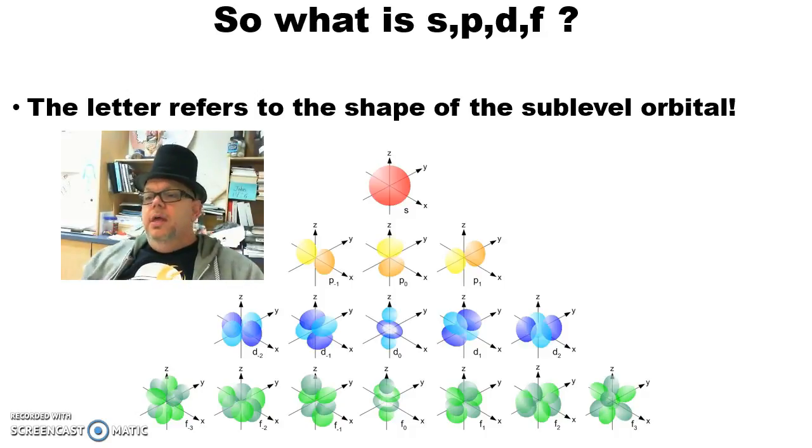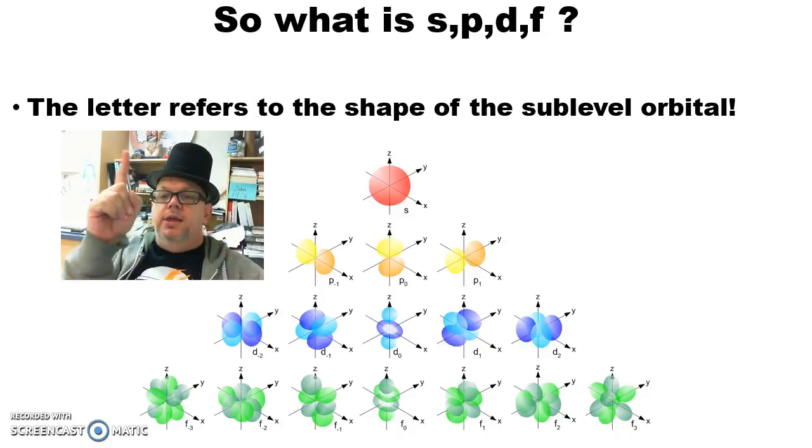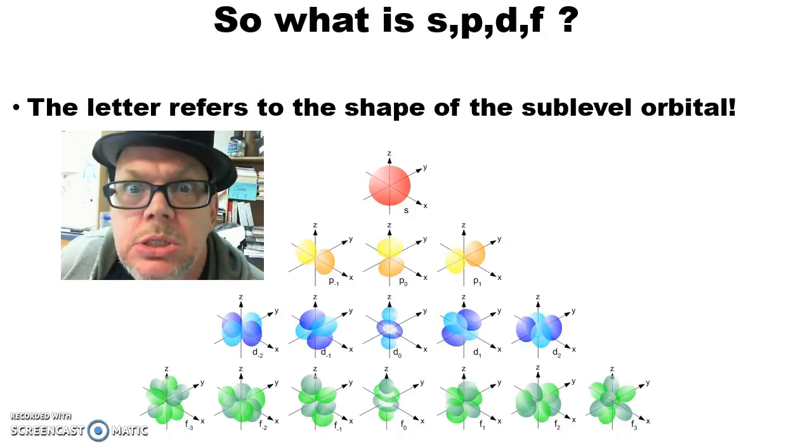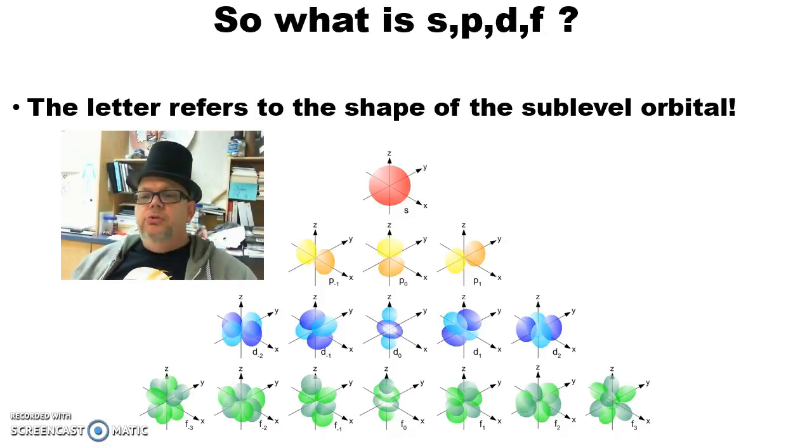Level 1, you've got a sublevel S. That's it, nothing else. Why? Well, because it is the one that's closest to the nucleus.